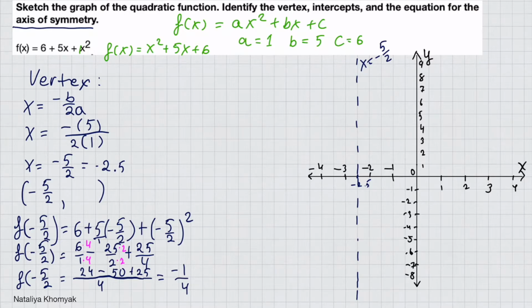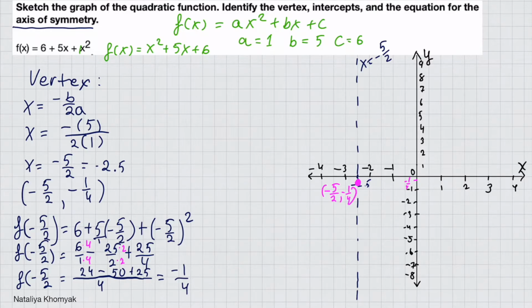So the y value for the vertex is negative quarter, negative 1 over 4. Negative quarter should be around here, a quarter of the box between negative 1 and 0. This is our vertex: negative 5 over 2, negative 1 quarter.